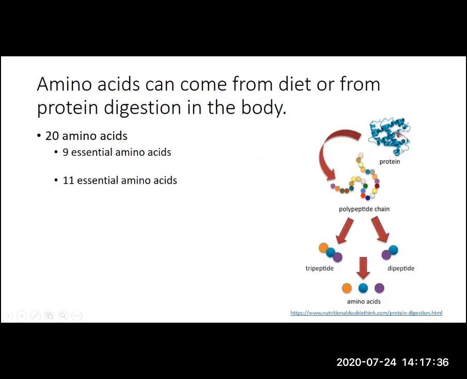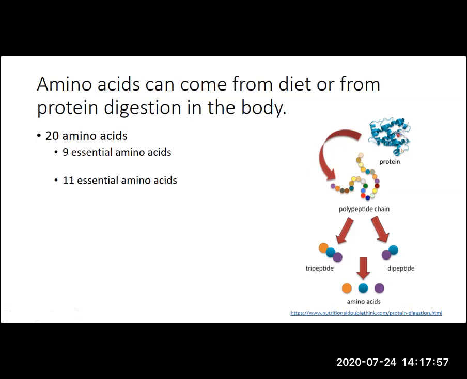So, amino acids coming from the diet. It's also possible that amino acids can come from protein breakdown within the body, breaking down other proteins, almost like we're digesting them, into little subunits that we can recycle and build into other units.